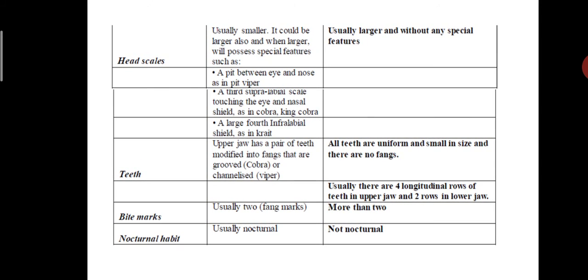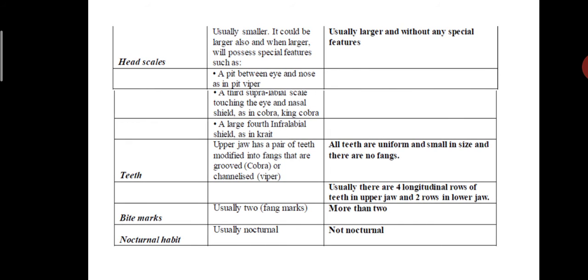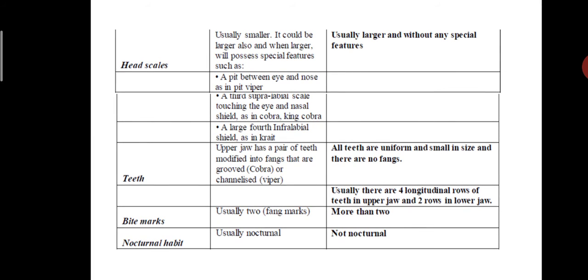Teeth. In poisonous snakes the upper jaw has a pair of teeth modified into fangs. In non-poisonous snakes all teeth are uniform and small in size, and there are no fangs. Very important thing: fangs are big tooth-like structures which are very much seen in the poisonous snake.